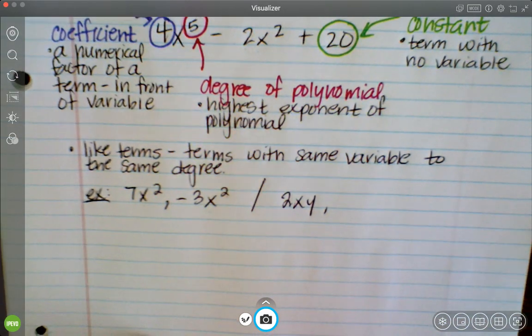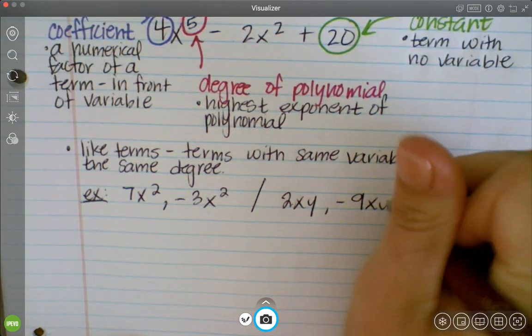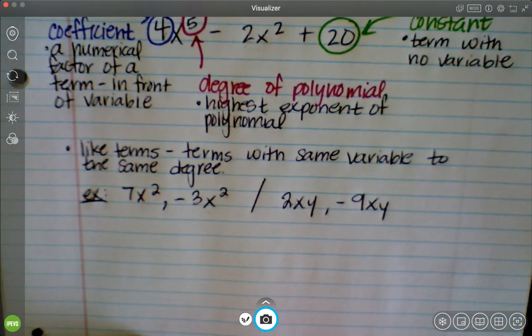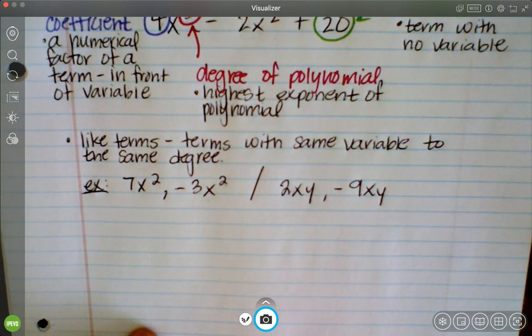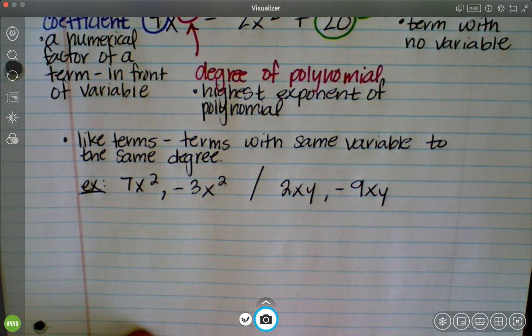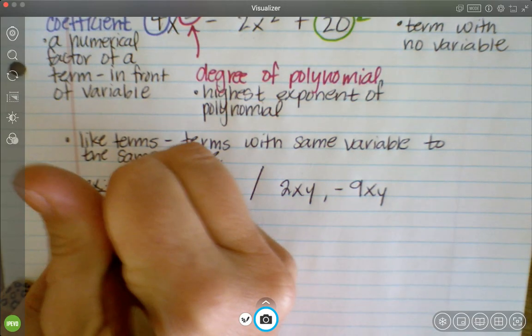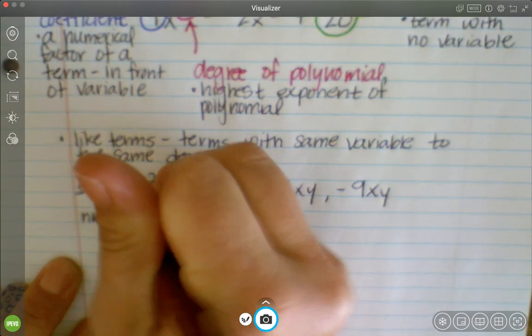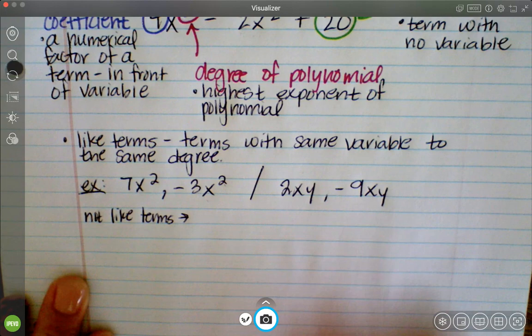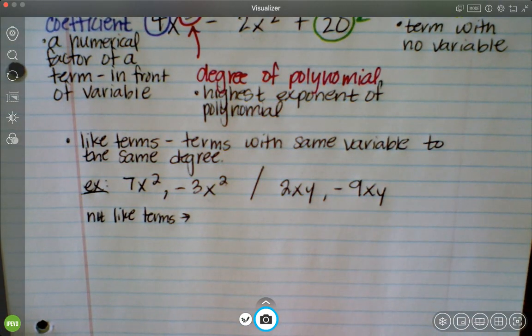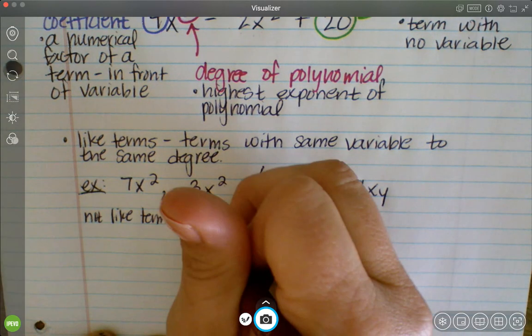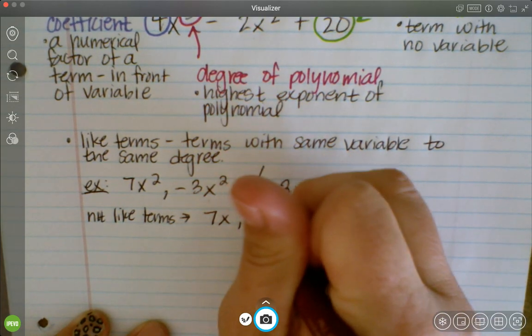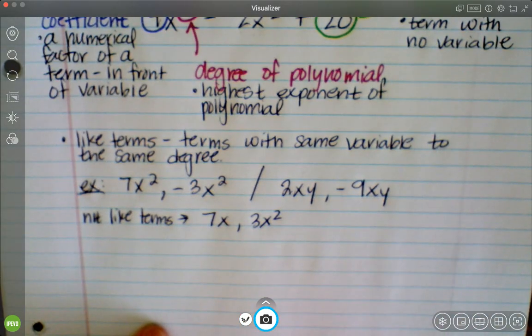2xy and negative 9xy are also like terms. They both have x to the first power and y to the first power. So a couple of examples of terms that are not like terms would be 7x and 3x squared.